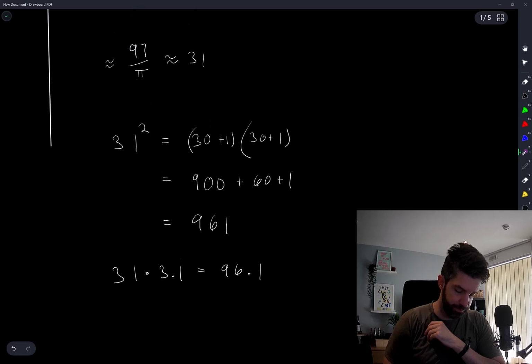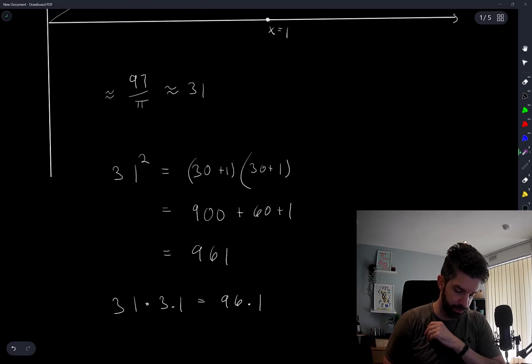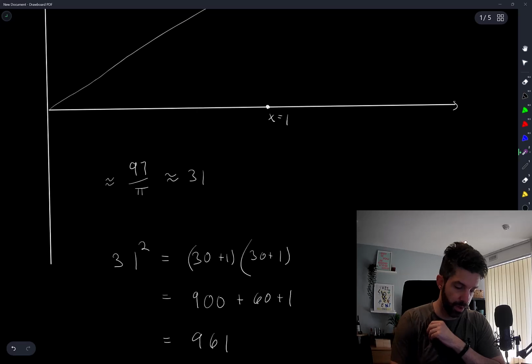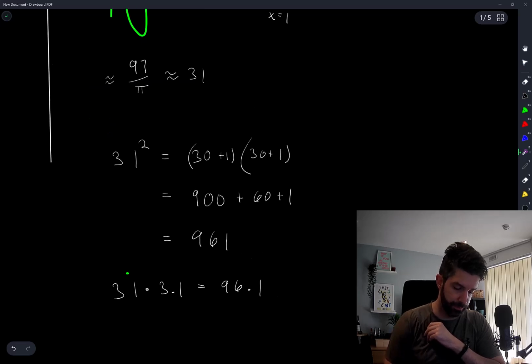And so when 97x goes from 0 up to 96.1, we've counted 31 solutions to that equation. We've crossed over this thing 31 times.